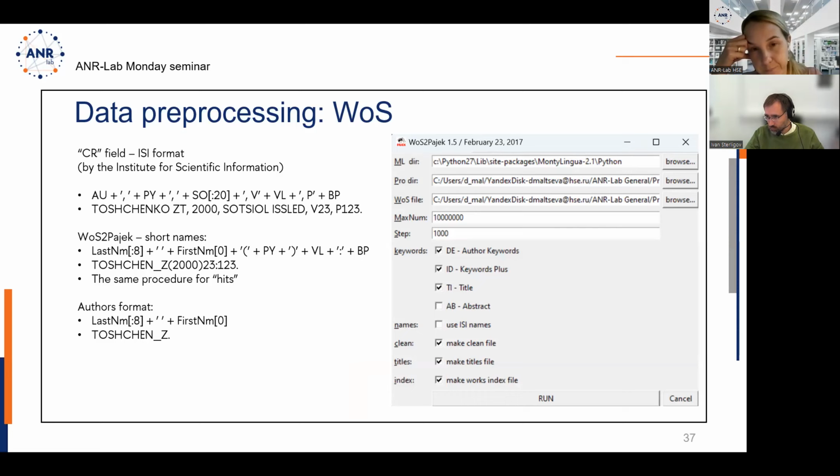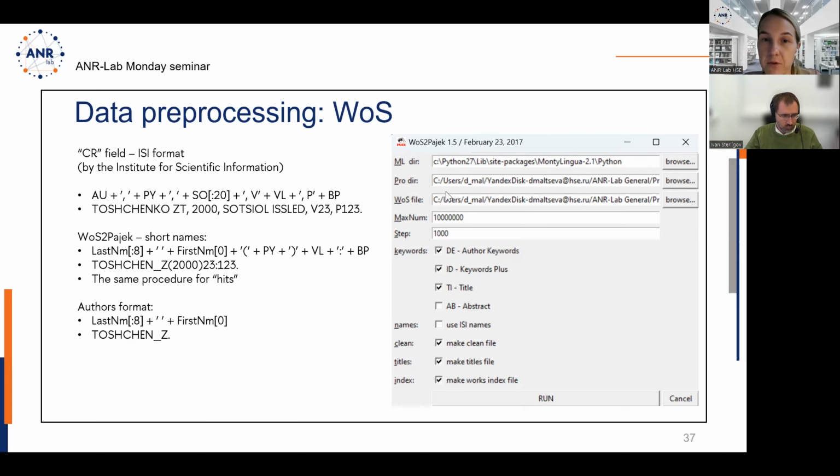Here you can see the window of this program. I will explain: it allows us to get information about keywords from different fields from the file, which we put here.